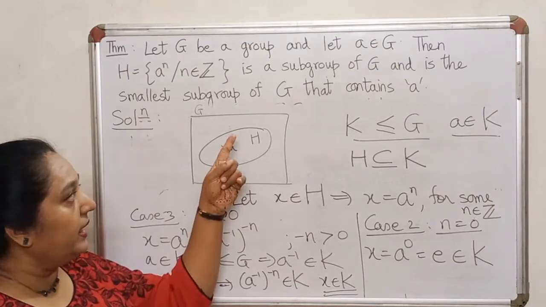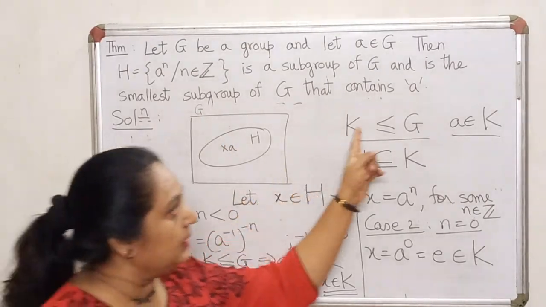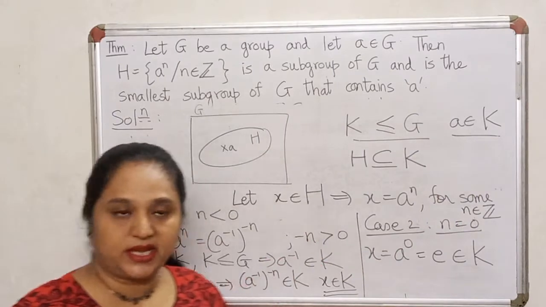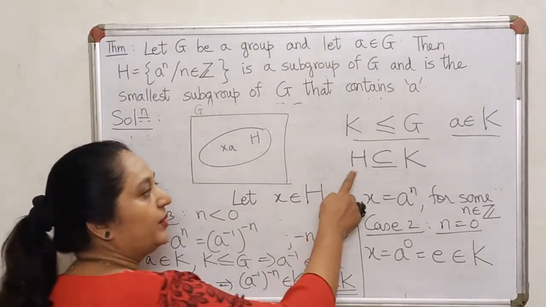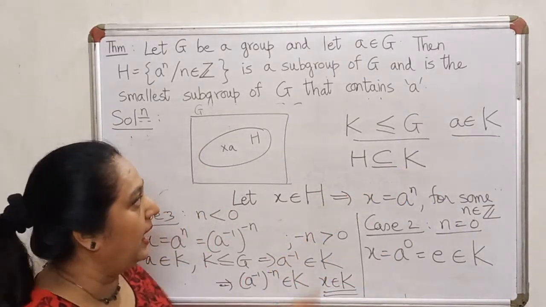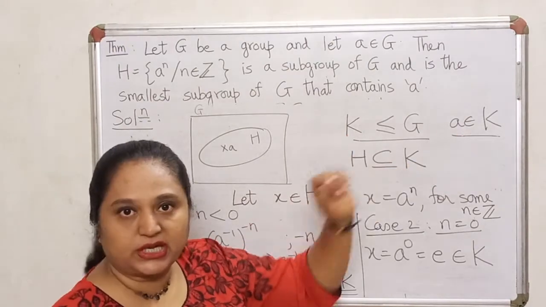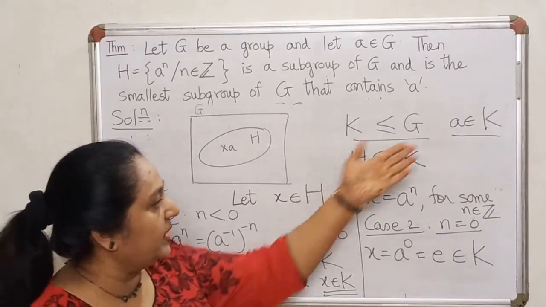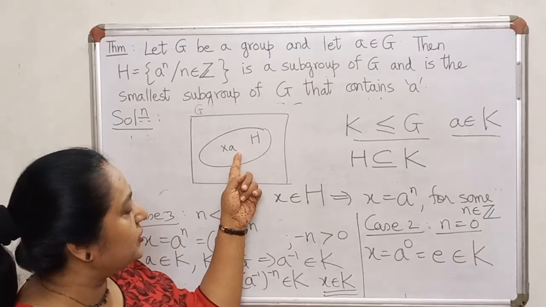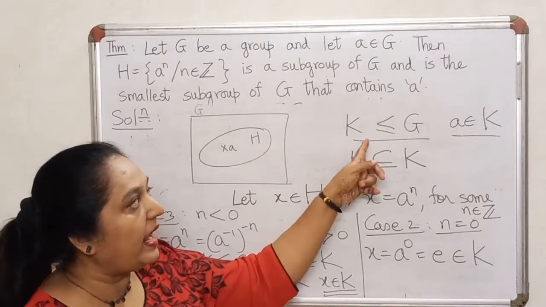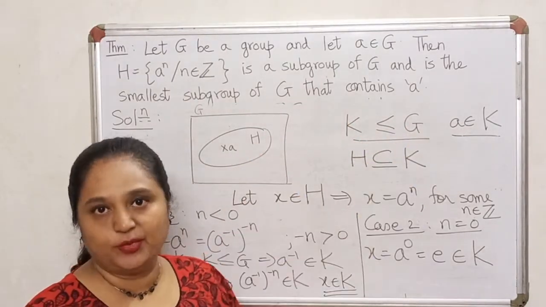So if I take any other subgroup of G which contains A, then H happens to be smaller than K. And because this is any other subgroup which contains the element A, H happens to be smaller than every such subgroup.